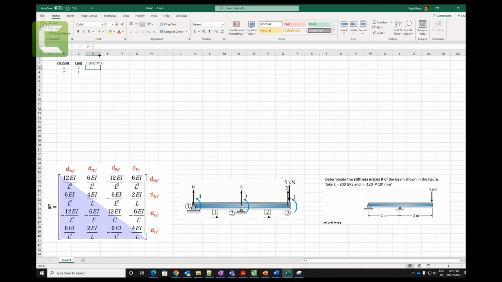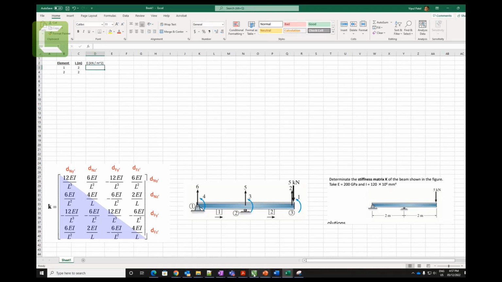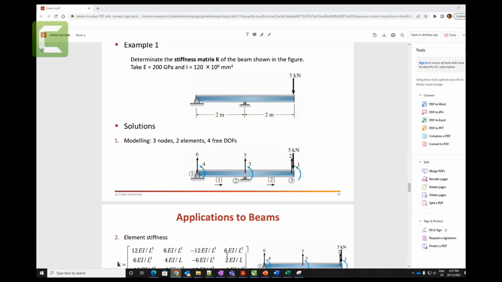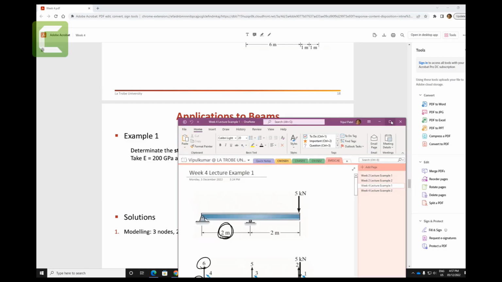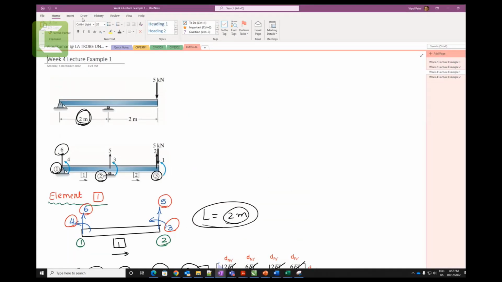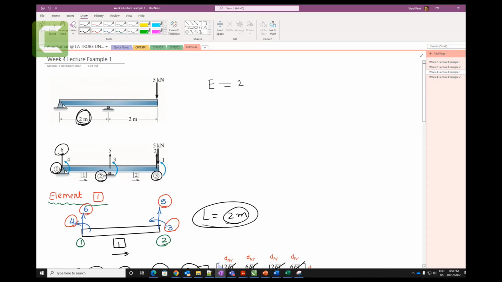So that's fine. We can go back to our lecture notes and show that we have a Young modulus of 200 gigapascals. Now, what is the meaning of 200 gigapascals? Let me draw it up. So Young modulus equal to 200 gigapascals. What does gigapascals mean?